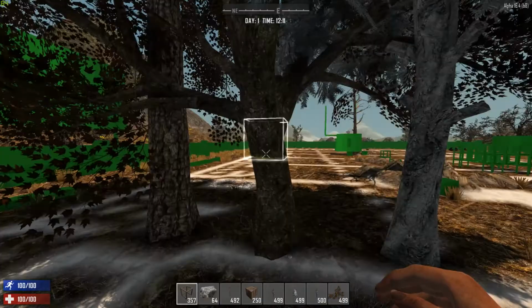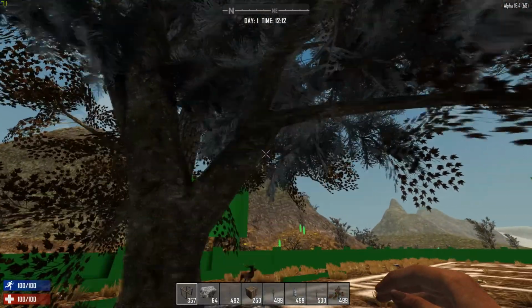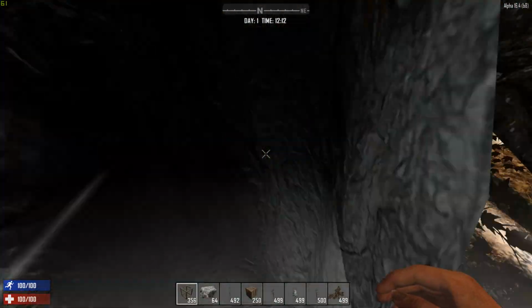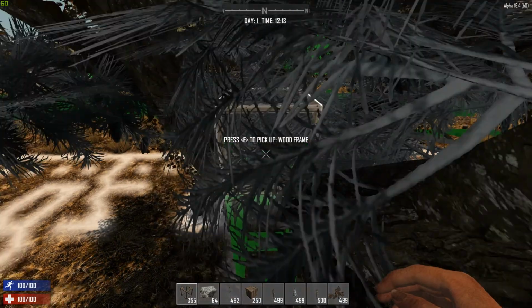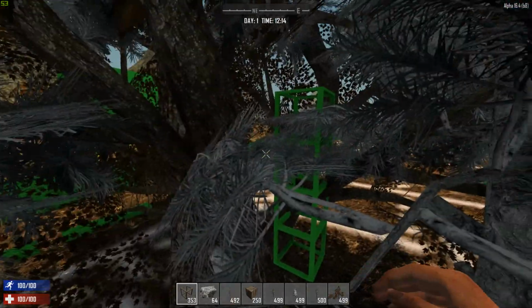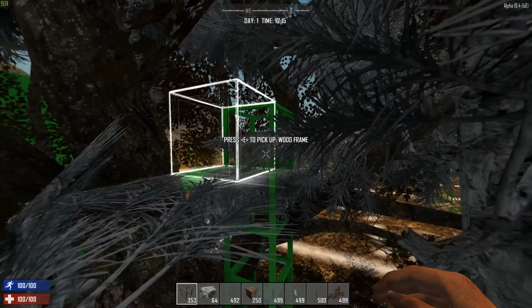That makes it easier to place the blocks here. So you see, let me slow down here a little bit. These are beside the tree, and you can look at the color.